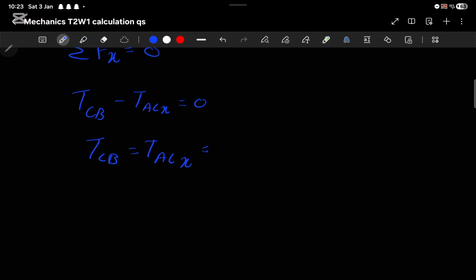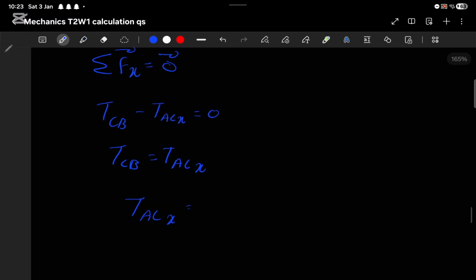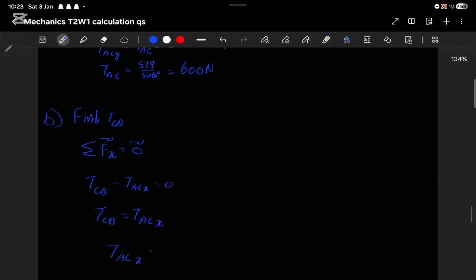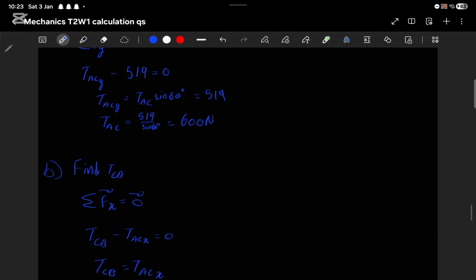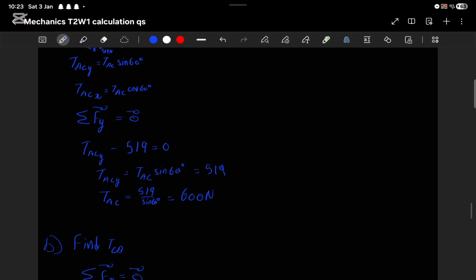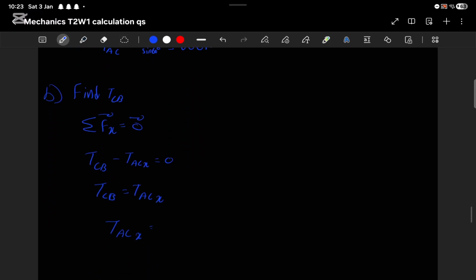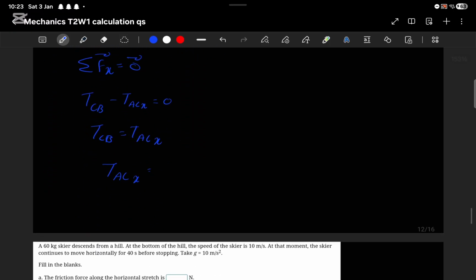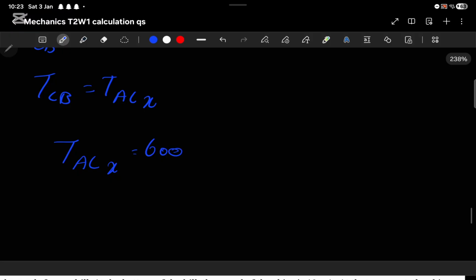Now, how much is TACx? TAC along x is TAC cosine 60. How much was TAC? 600. So 600 cosine 60 is 300 newtons.